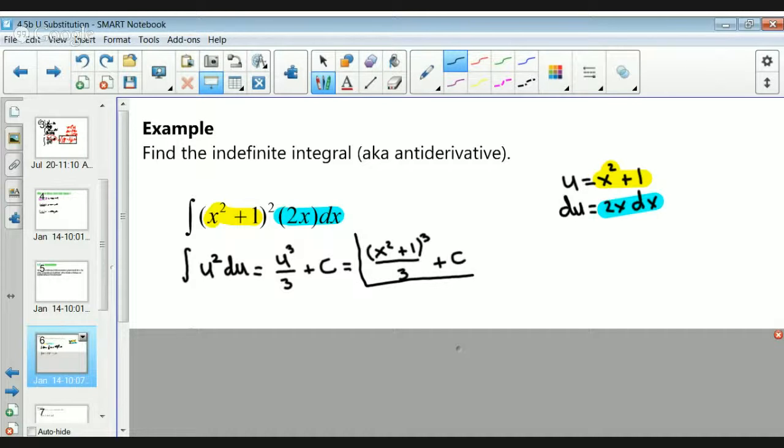Now, if I wanted to check it, what could I do? Right, if I wanted to check it, I could take the derivative of my answer and see if I do indeed get x squared plus 1 quantity squared times 2x. Maybe you can do that mentally, right? For this guy, we would need the chain rule if I wanted to differentiate that.